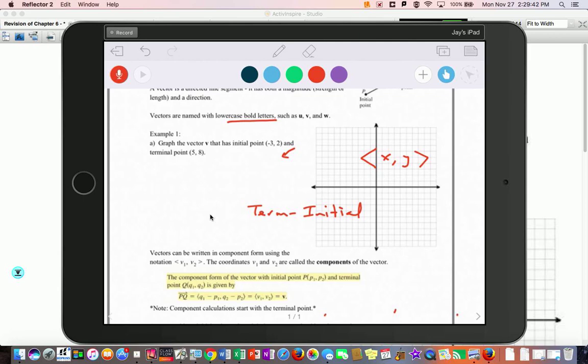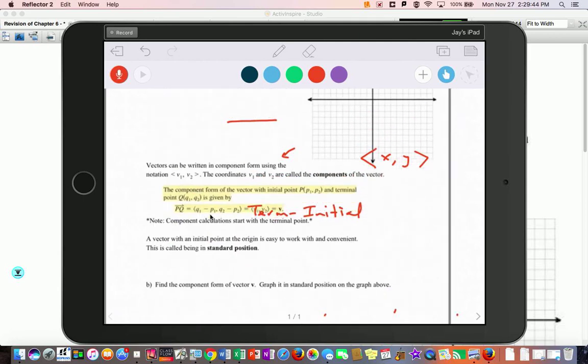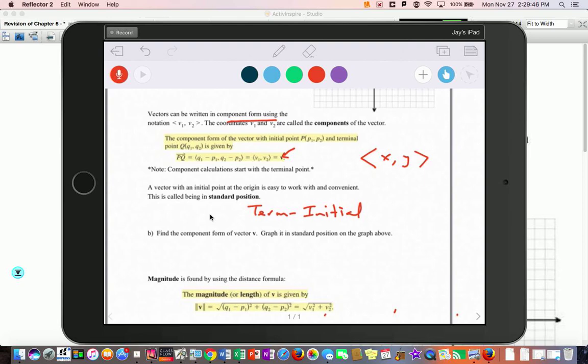And so when you are looking for the component form vector down here, negative 3, 2, and 5, 8. The initial is negative 3, 2, and the terminal is 5, 8. So if I was going to look for vector v, I would do the terminal x, which is 5, minus negative 3, and then I would do 8, which is the terminal y, minus the 2.